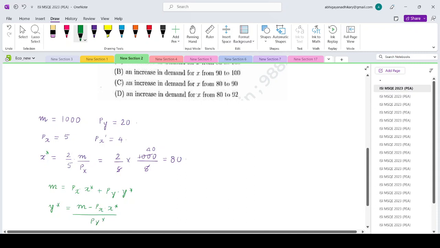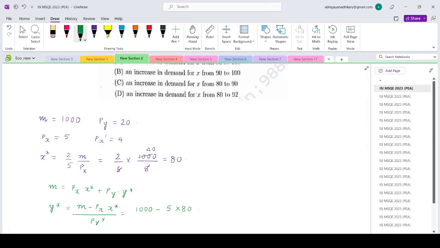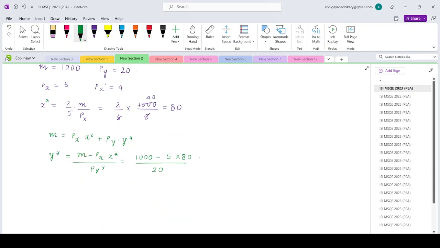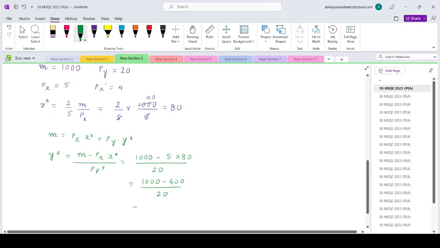So the original amount of good Y would be 1000 minus 5 into 80, divided by 20. So that is 1000 minus 400 divided by 20. So that is 600 by 20, which is turning out to be 30.